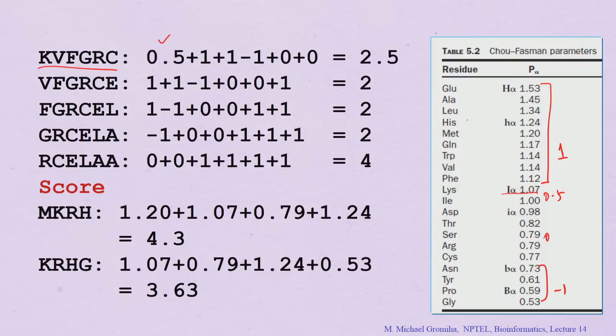Then V is here, this equals 1, then F, phenylalanine, this equals 1, right, and this G is in this group, this is -1, so we put -1, and R and C, R is here and C is here, this is 0. We assign the values, approximately 2.5, so this is less than or equal to 4, right, this is not part of a helix.